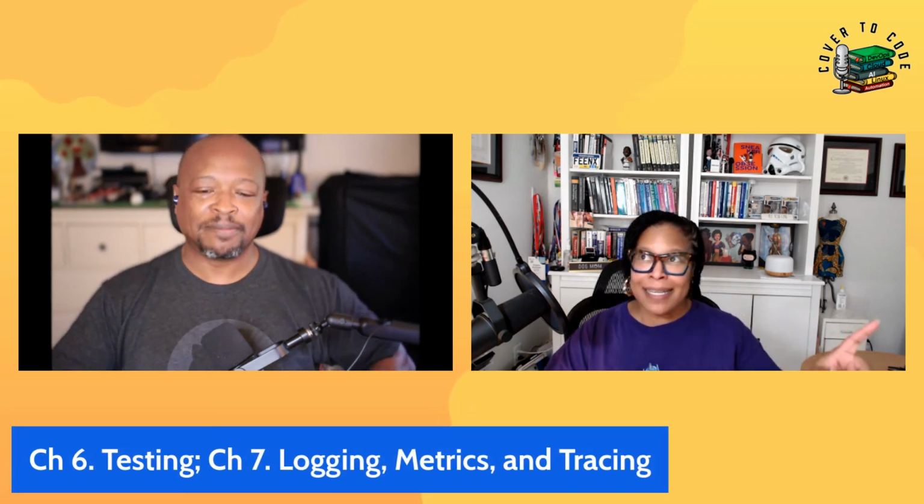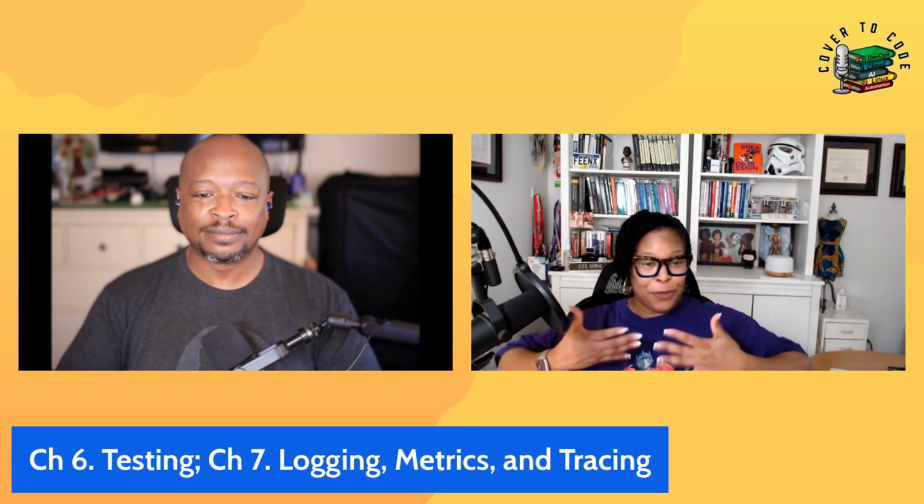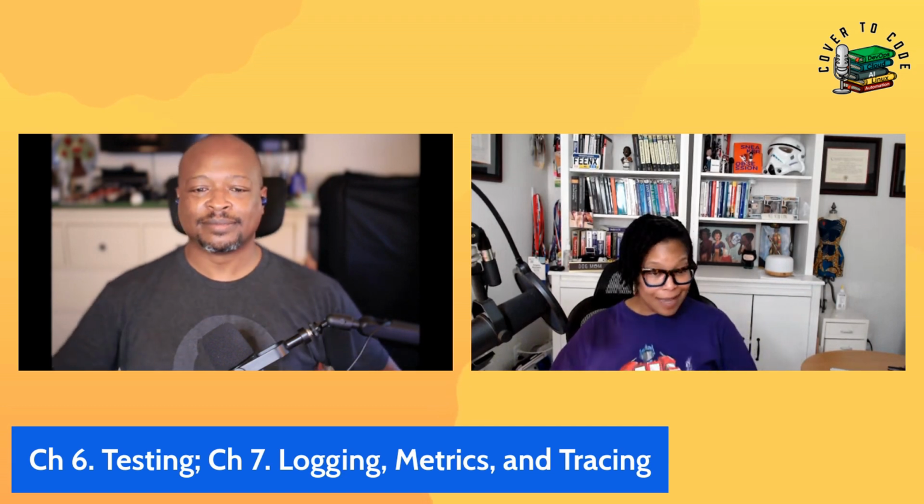Fantastic. I saw a talk today on what we're going to be discussing today, Chapter 6 with logging and testing, and then chapter 7, monitoring. There was a whole talk on it, so it's fresh for me, and I'm on cloud nine.